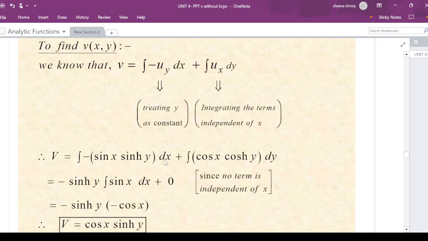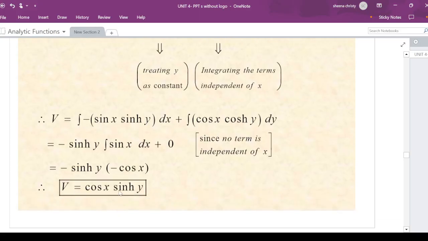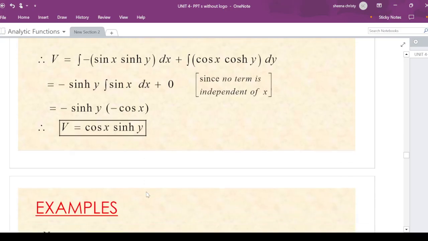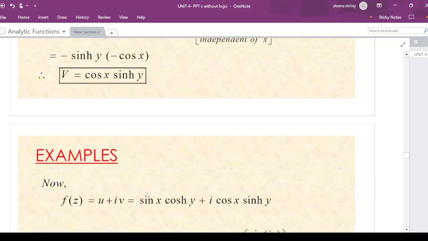Now integrating with respect to x, taking sin hyperbolic y as a constant outside, you will get integral of sin x. We know that integral of sin x is minus cos x. Therefore, v equal to cos x into sin hyperbolic y. Now you write it in terms of z. So f of z equal to u plus iv.